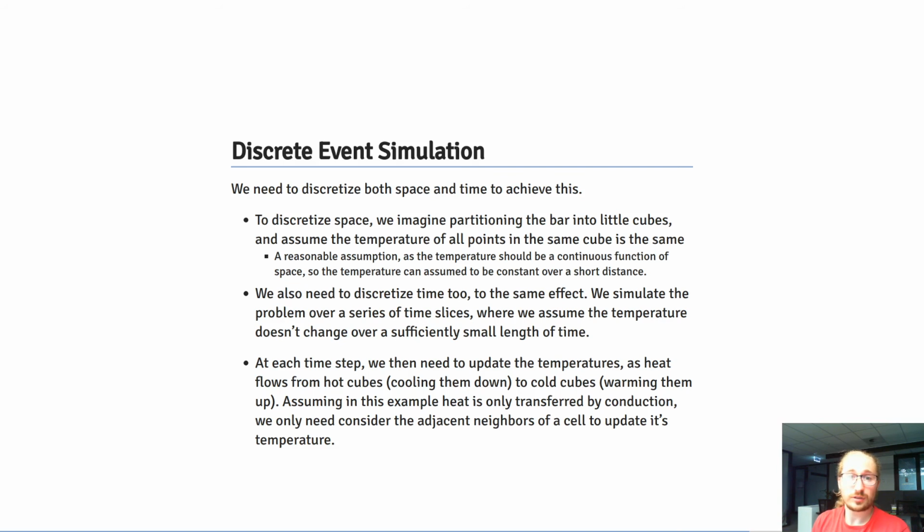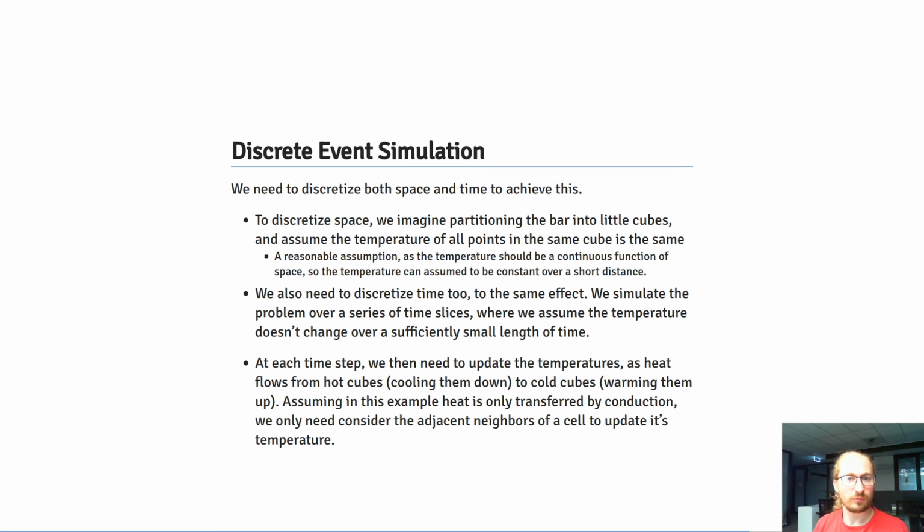To discretize space, we imagine taking the bar and chopping it up into little cubes, and we assume the temperature of all the points in the little cube is the same. So any point in one little cube is the same temperature as any other point in the little cube. Now this little cube is like one particular point in my discretization.